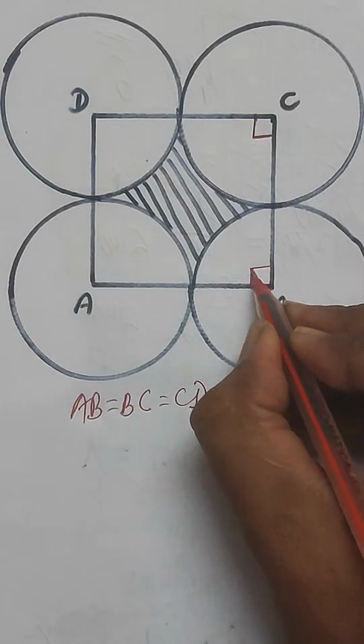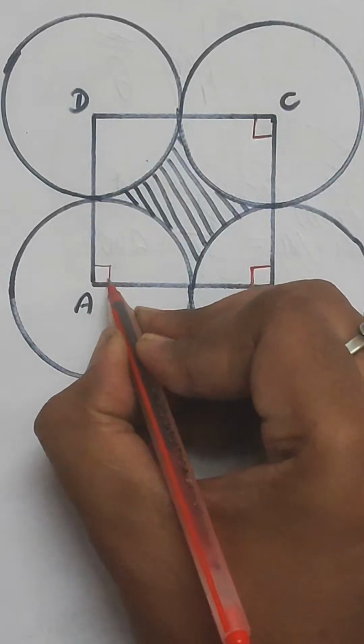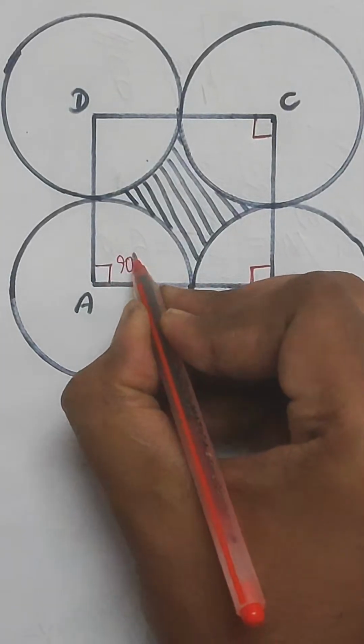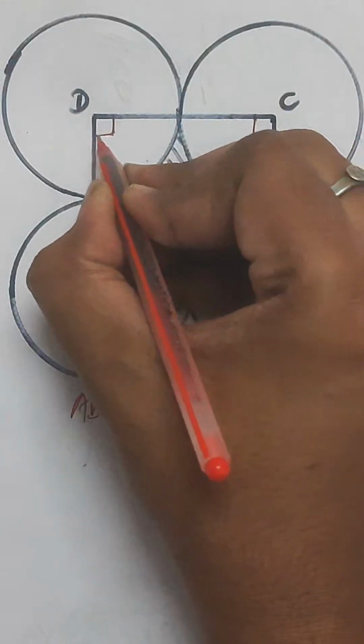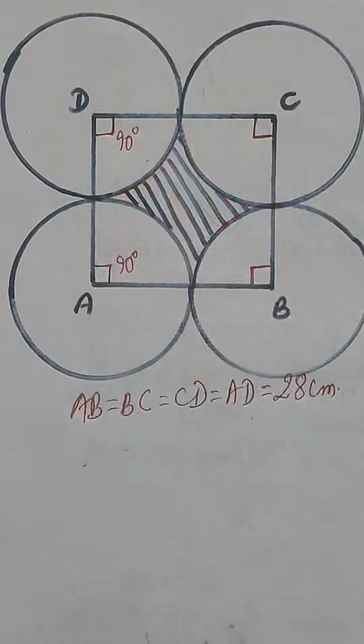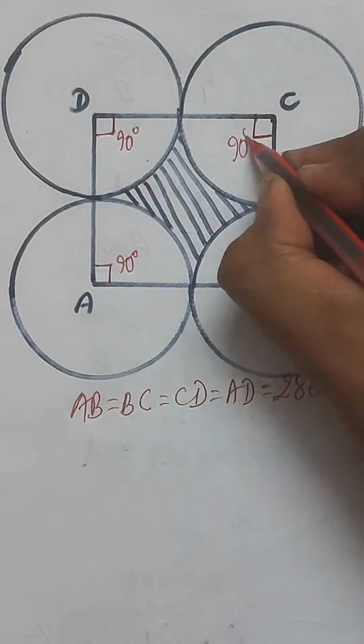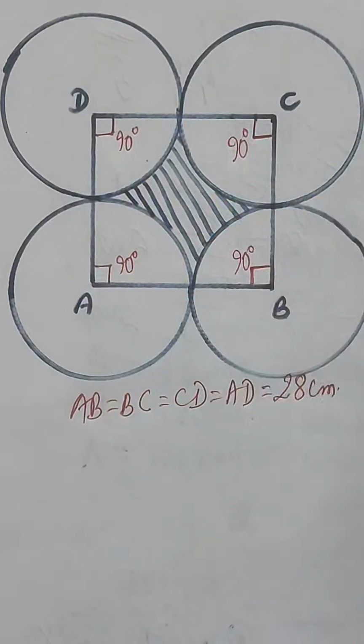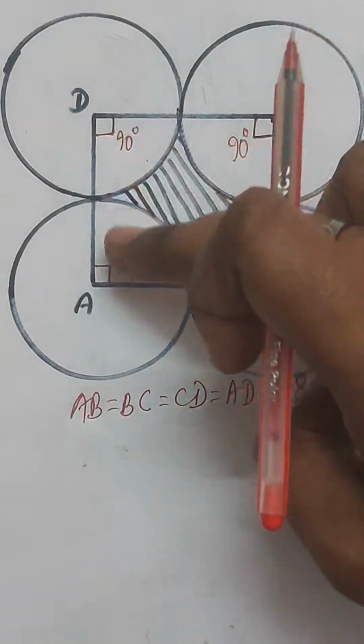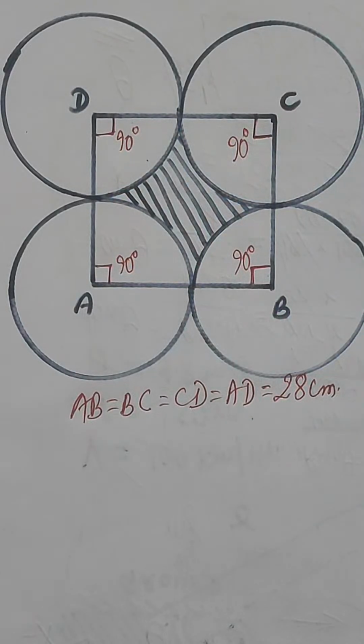All the four angles of the square are 90 degree, isn't it? Tell me. 90 degree. So since all angles are 90 degree, we can see four quadrants are forming, right?